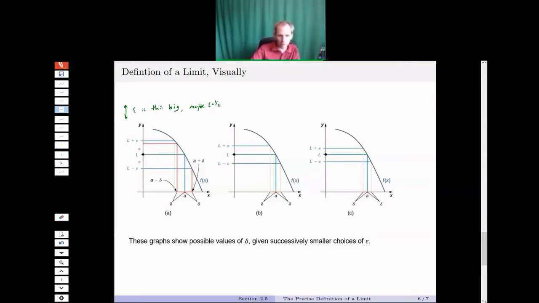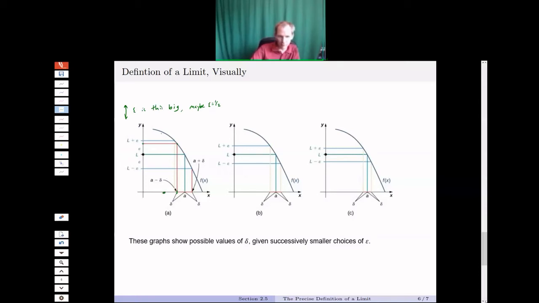And so we say, well, I can pick a number here that's within my epsilon of L, and that gives me a point on the graph that is that far away from a. So I have to make sure that I pick a delta that keeps my x values close enough to a that I don't accidentally pick something out here, right?